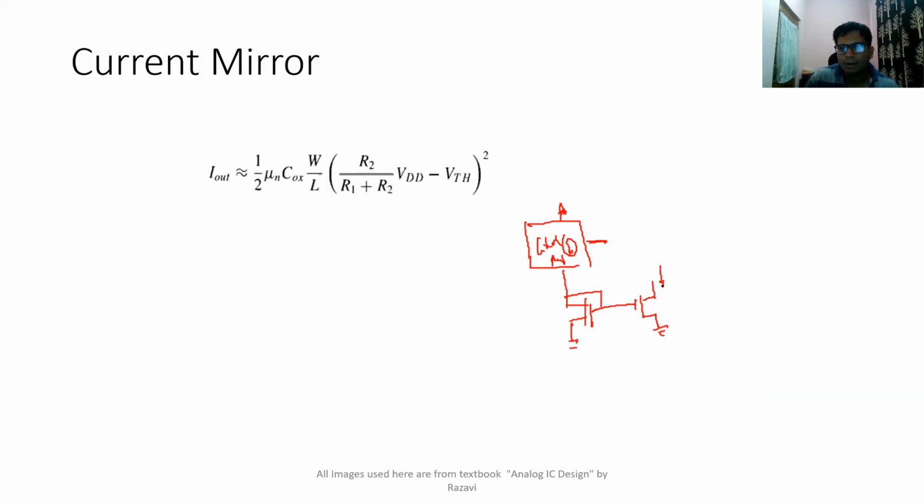Here the golden reference current I ref is flowing, and in this way I out will be equal to I ref.